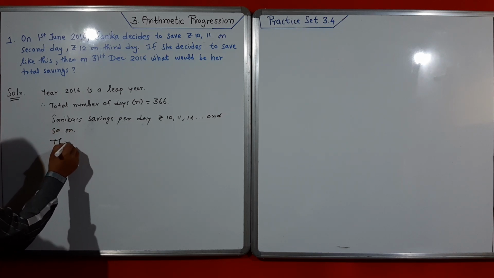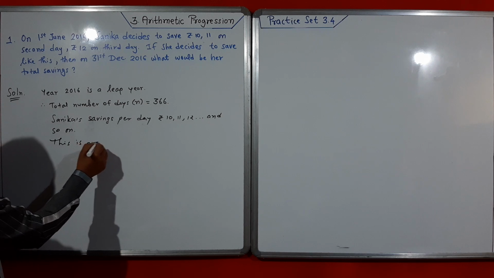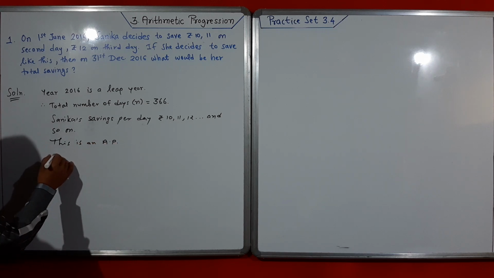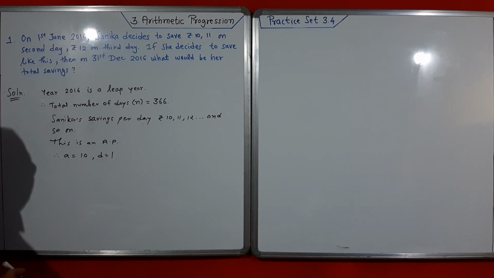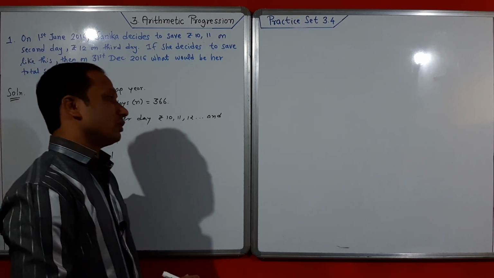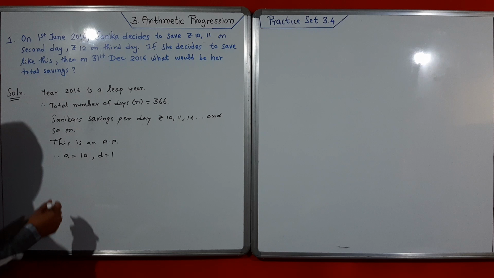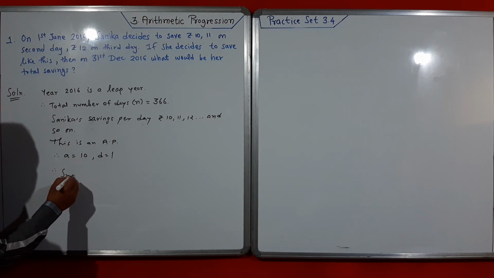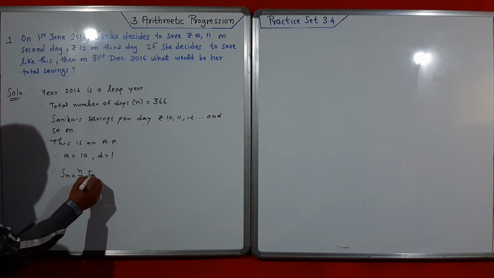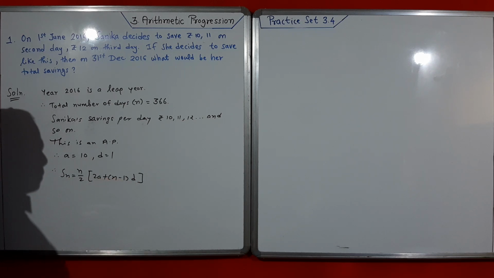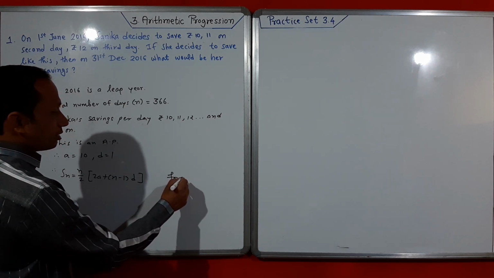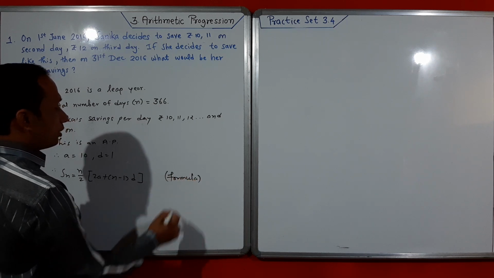This is an AP. Therefore a is equal to 10 and d is equal to 1, because there is only a 1 rupee difference each day. Therefore the formula for the sum of n terms is Sn = n/2 (2a + (n - 1)d).